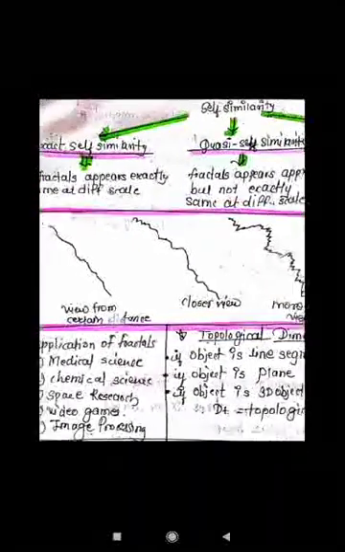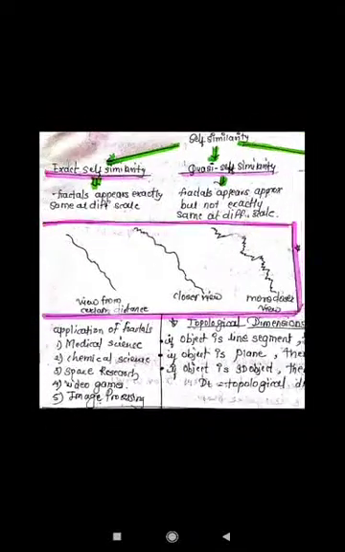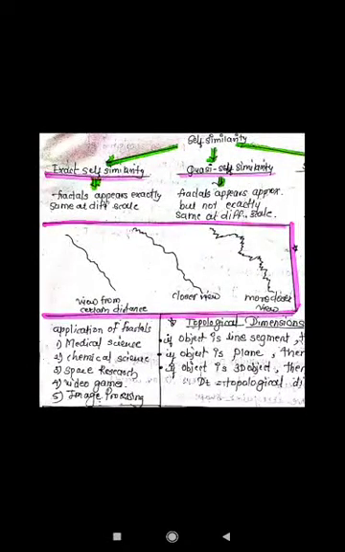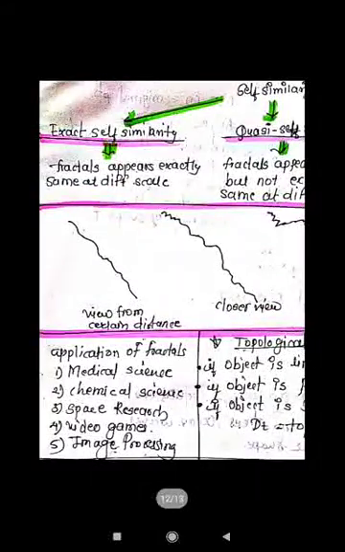So we'll see one example of how an object looks when we observe it from different distances. From a certain distance, if we see a coastline, then it looks like a simple line or a quite smooth line.